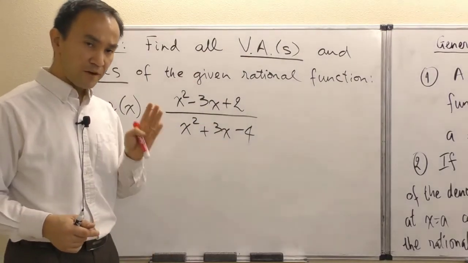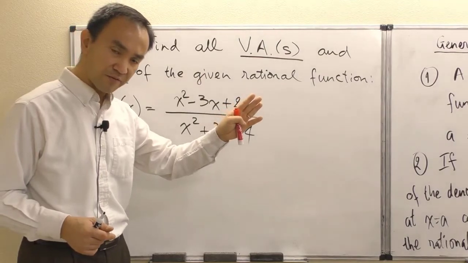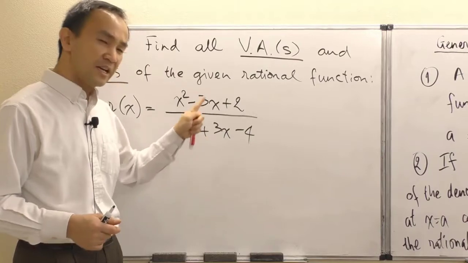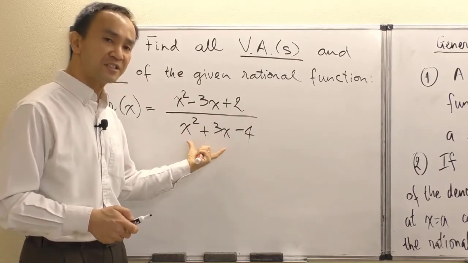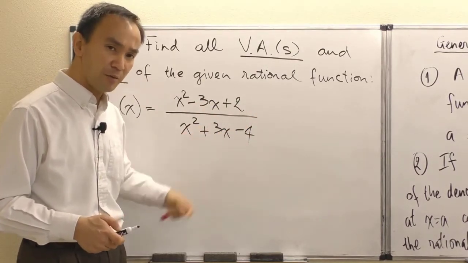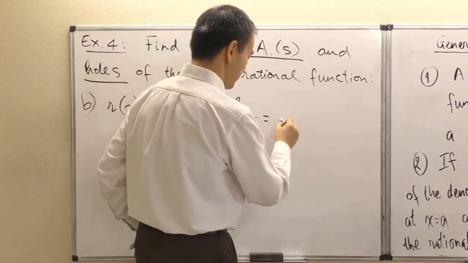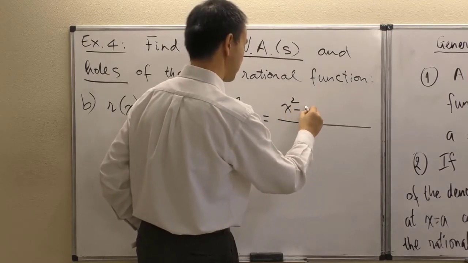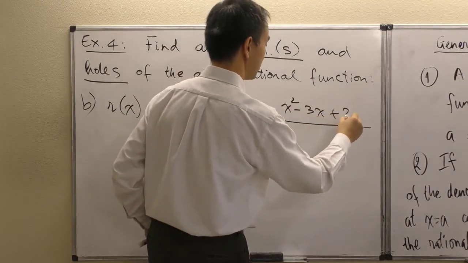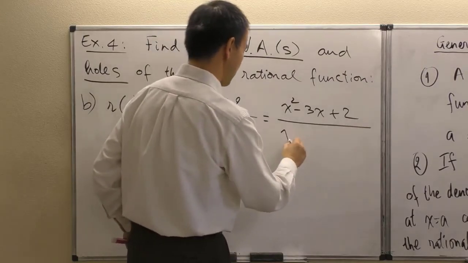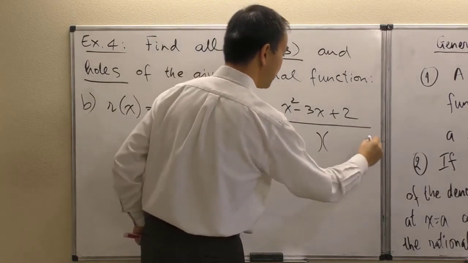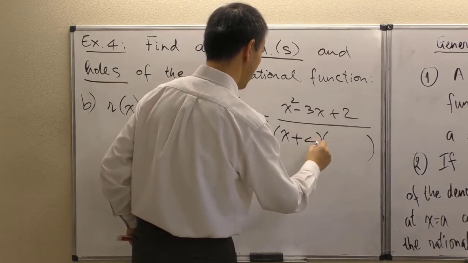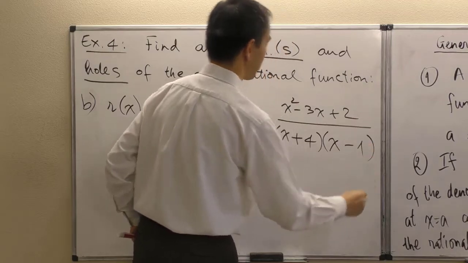Very similar to the steps I've done in part A, and just like the experience we picked up from example 3, in the next step we are going to find the factor form of this denominator polynomial. I'm going to keep this numerator the same for now, and the denominator can easily be factored into x plus 4 times x minus 1.